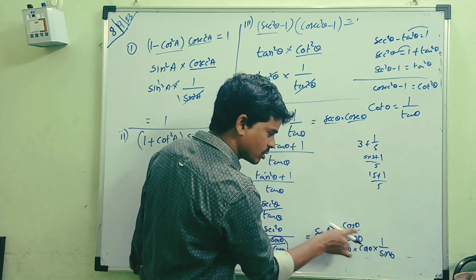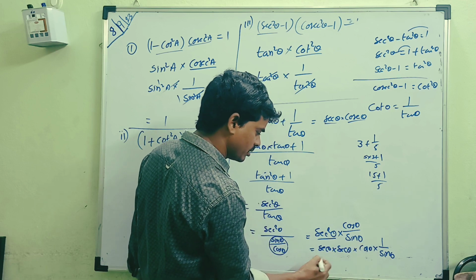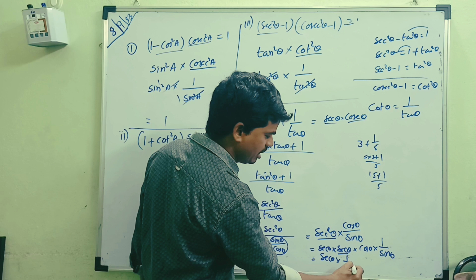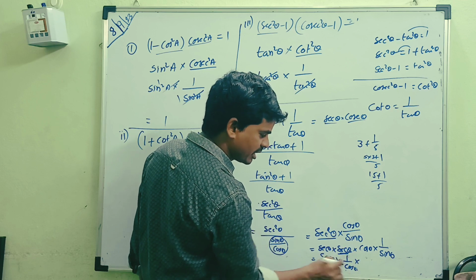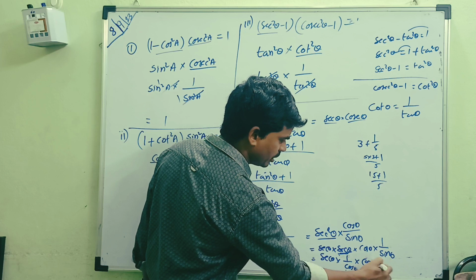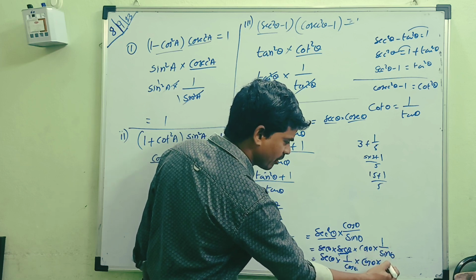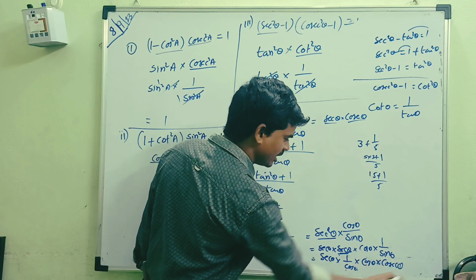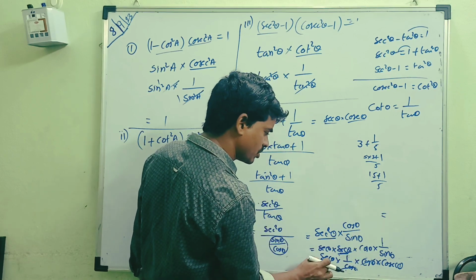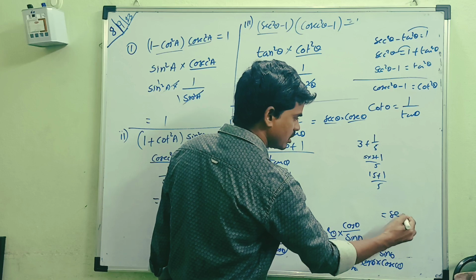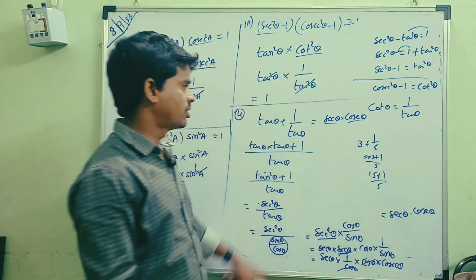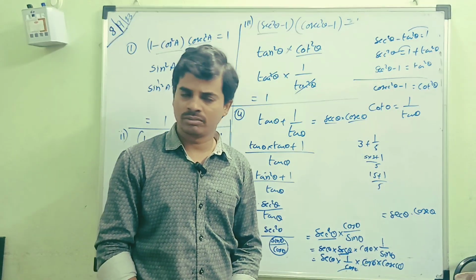Secant theta into secant theta, this secant we can write as 1 by cos, into cos theta into 1 by sin theta, which we can write as cosecant theta. Cos gets cancelled. So what is the answer that remains? Secant theta into cosecant theta. We got secant theta into cosecant theta.